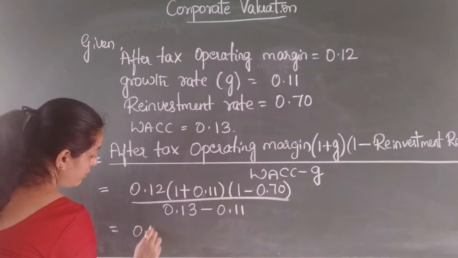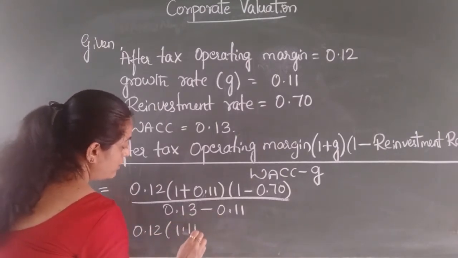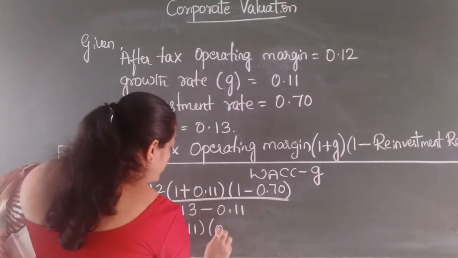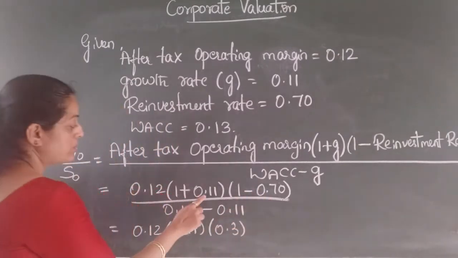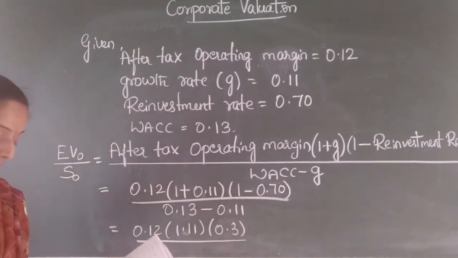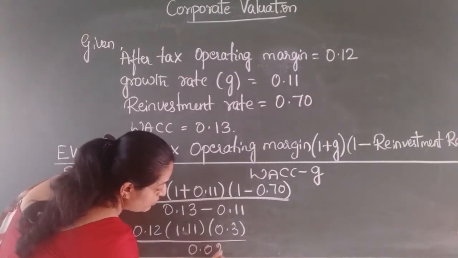So 0.12 into 1.11 into 1 minus 0.7, which is 0.3, divided by 0.13 minus 0.11, which is 0.02.